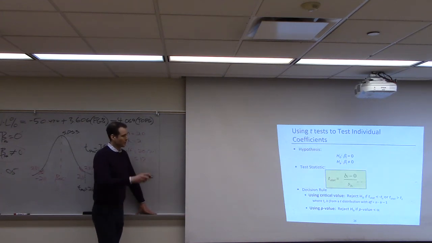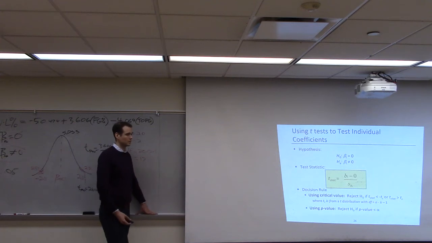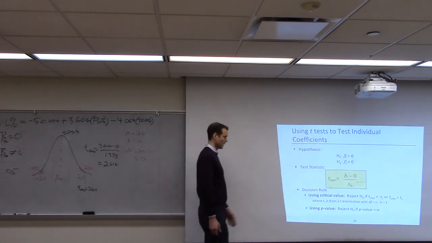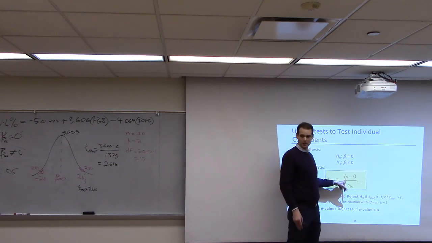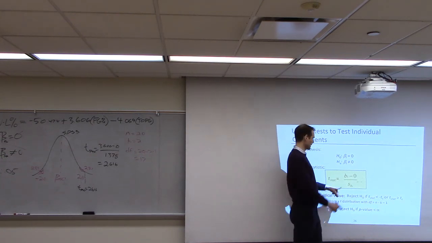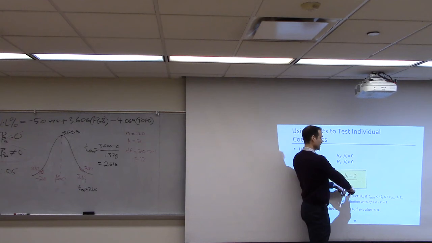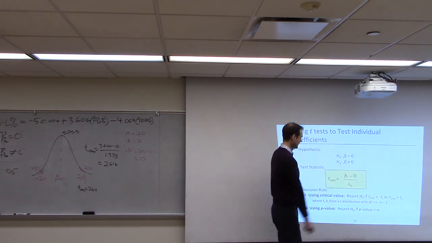This is just some review of the t-test for coefficients. Remember how we do a hypothesis test for the individual coefficients? This is like field goal percentage. We did a separate one for turnovers per game. We said how different is that from 0? How many standard errors different is that from 0?